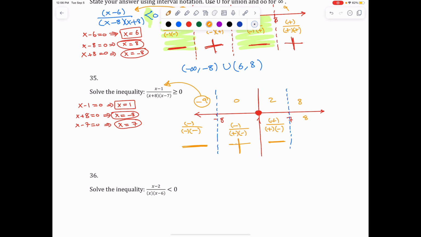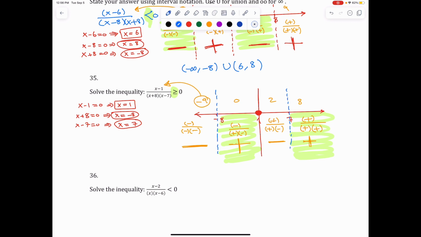If I plug 8, I will get positive in the numerator, positive in the first factor of the denominator, and positive in the last factor, which is going to make this positive. Since I'm looking for everything that is greater than or equal to 0, I will include all of the positive intervals, which is this interval right here and this interval right here.